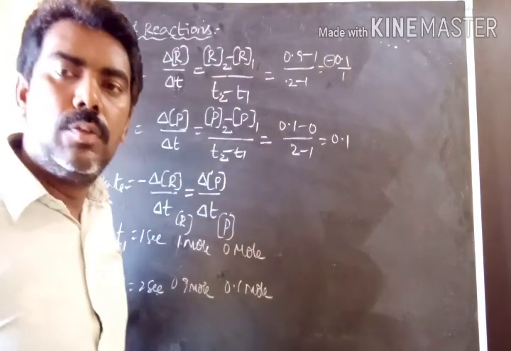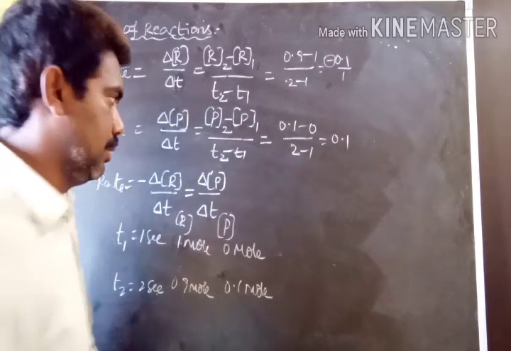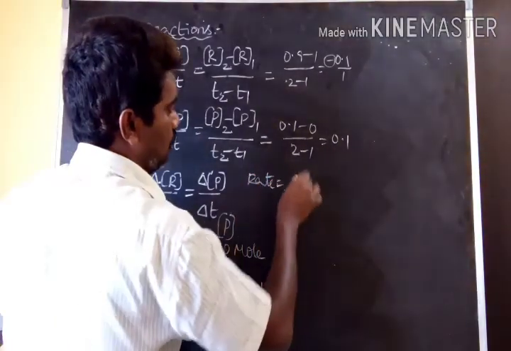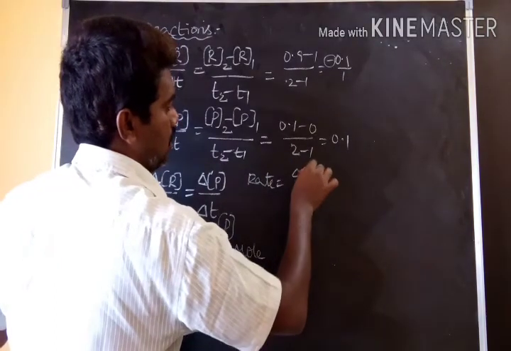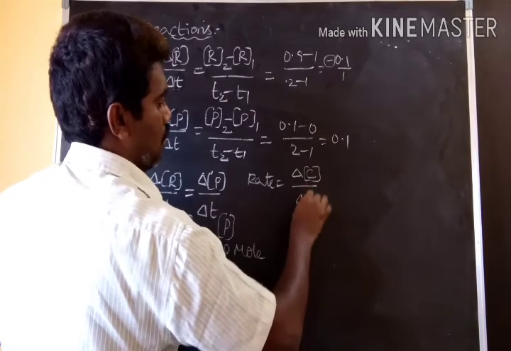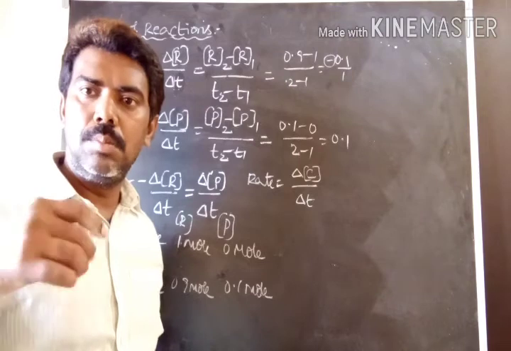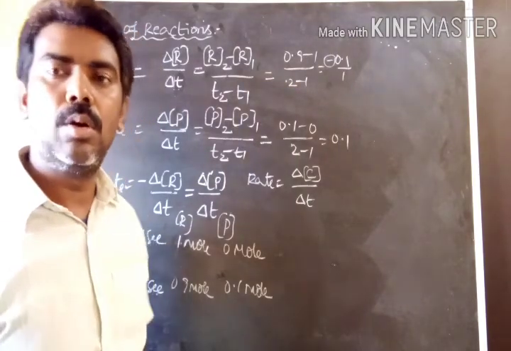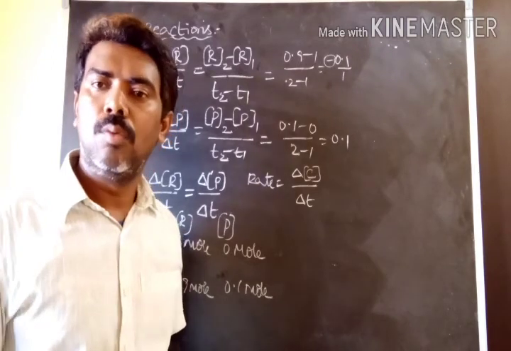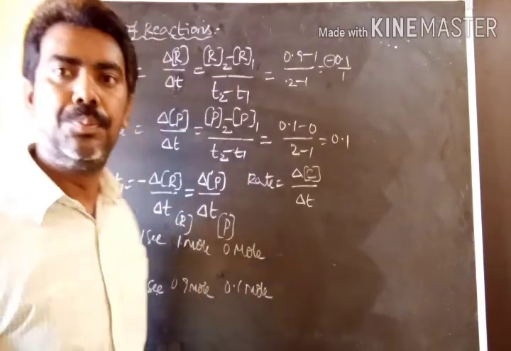Then what about the units of rate of reaction? Rate is equal to the change in concentration per unit time. The change in the concentration of the substances is of either reactants or products. What are the units of concentration? Number of moles per volume, the number of moles present in the given volume.